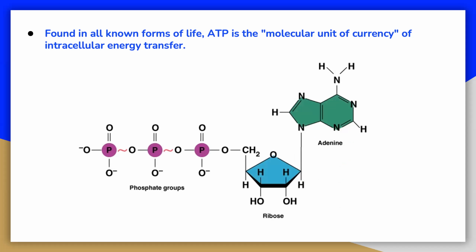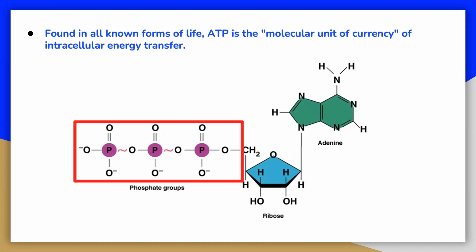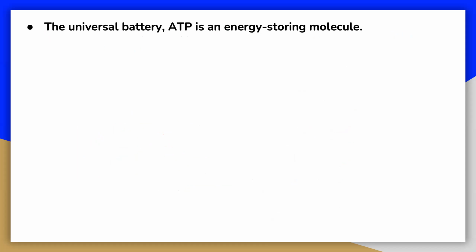In the context of biochemical reactions, the phosphate to oxygen to phosphate bonds are frequently referred to as high energy bonds. I will talk more about this in a moment.